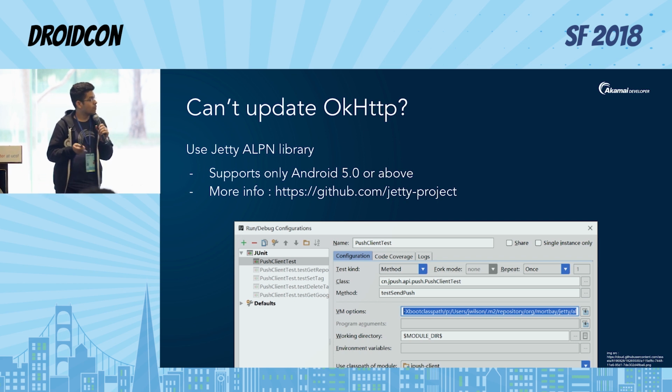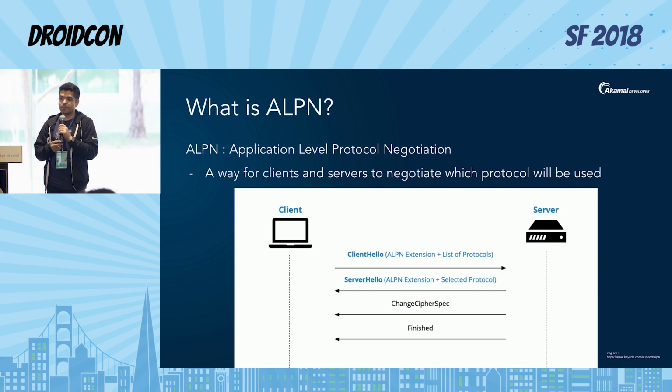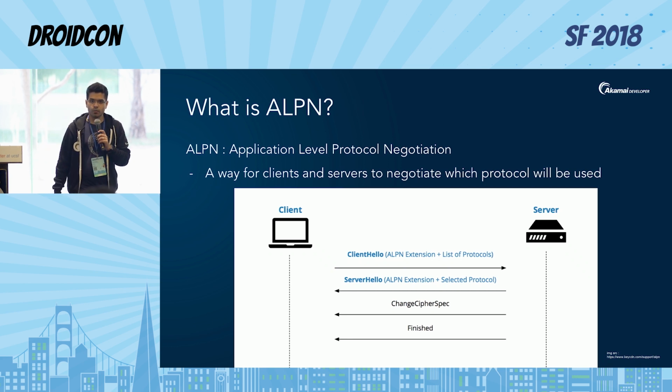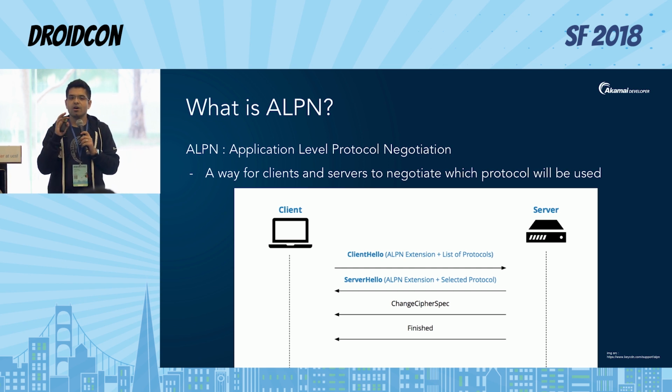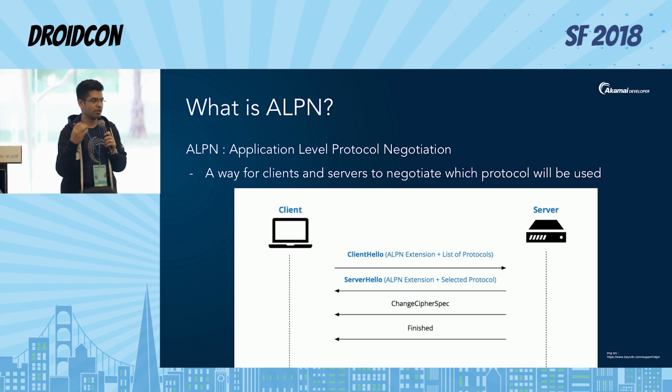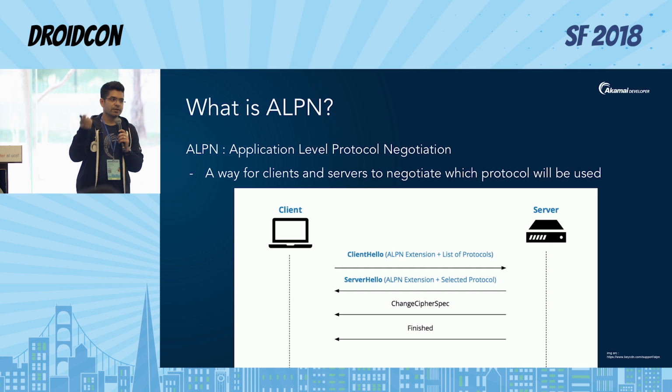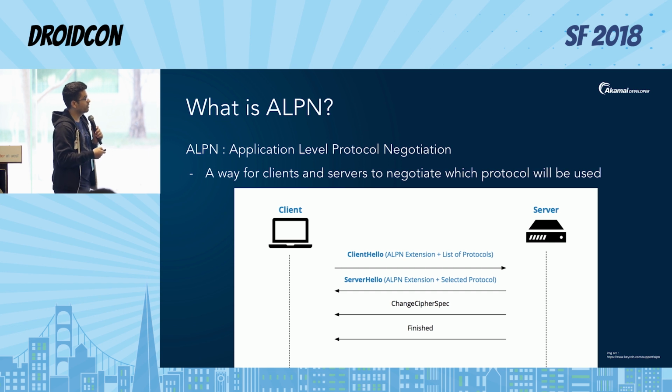Okay. Now, what is ALPN? ALPN is Application Layer Protocol Negotiation. What that means is before the requests are sent and received over TLS, there's a handshake between your app and the servers, or the client and the servers. During the handshake, ALPN negotiates which protocol is going to be used. This was not available on Android earlier. That's why you need to use Jetty ALPN.